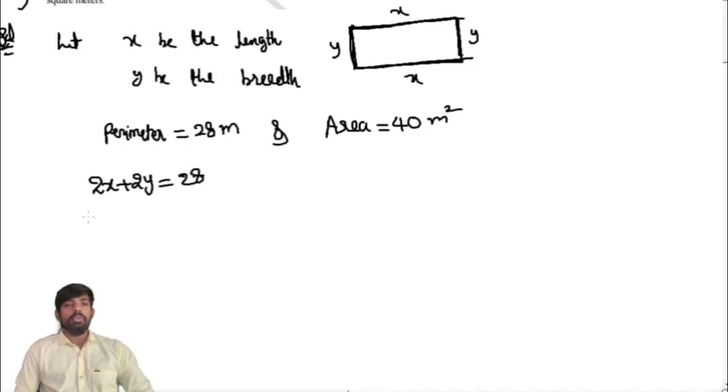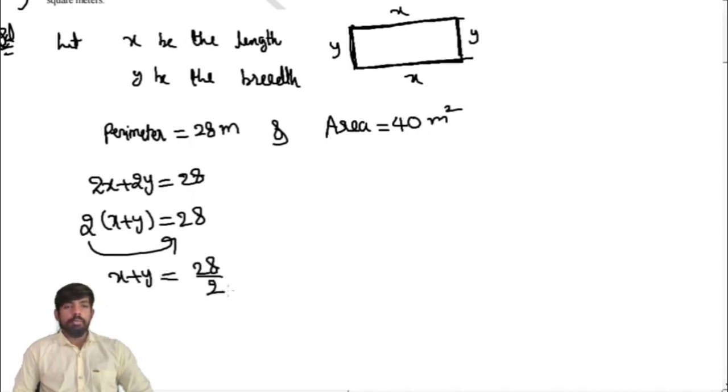Take 2 common: 2 times x plus y is equal to 28. Send this 2 to the right hand side, and what will you get? x plus y is equal to 28 by 2, which is 14. So x plus y equals 14, equation 1.